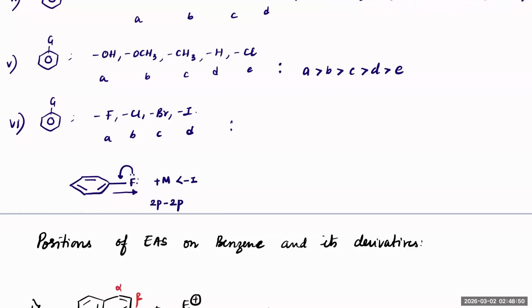So the overlap between 2p and 2p will be better as compared to that of the chlorine case. You will have chlorine like this on a pi bond. Here we have 2p of carbon and 3p of chlorine. So here also plus M is there, minus I is dominant. But if you compare the plus M of fluorine versus plus M of chlorine, the plus M of fluorine is better offering.